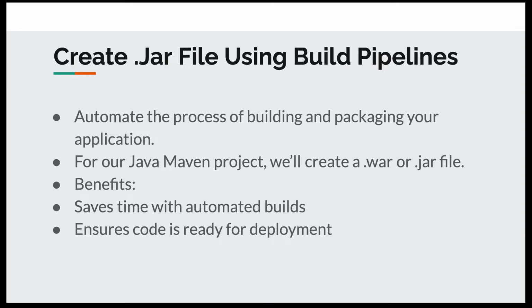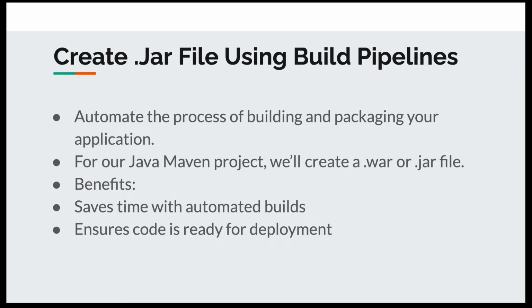We have already made one course on Azure DevOps, so you can check that out on our channel. I have given all the instructions for Azure DevOps in that course.